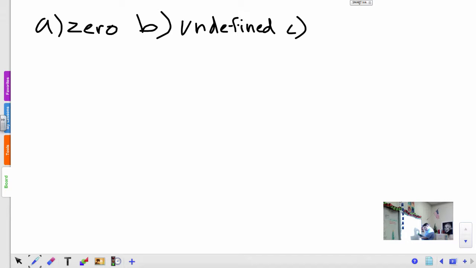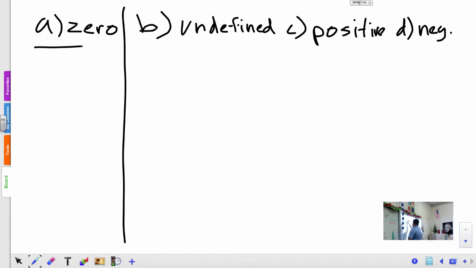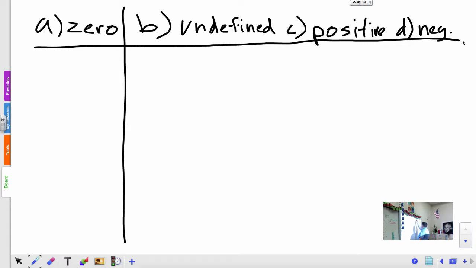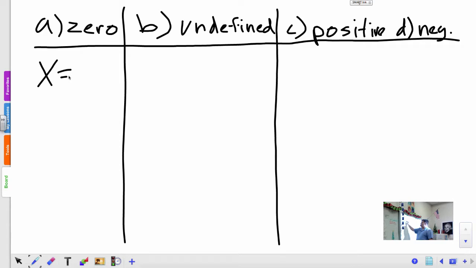C, when was this thing positive? And D, when was this thing negative? And I'm running out of room. When is this thing equal to 0? Well, this is equal to 0 when x equals negative 1/2.